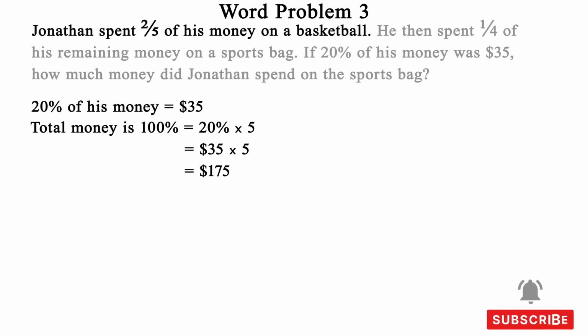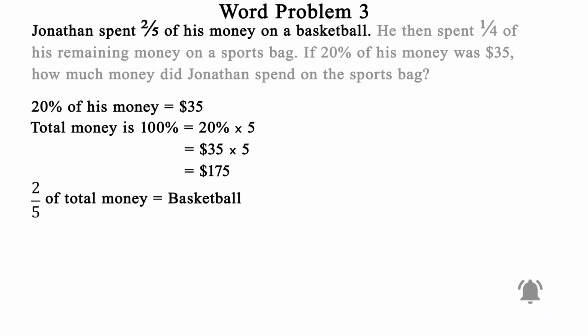Out of the total money, Jonathan spent 2/5 of his money on a basketball. The total money what he has is $175. And 2/5 of the total money he is spending in basketball. So 2 upon 5 multiply by 175 equal to basketball.